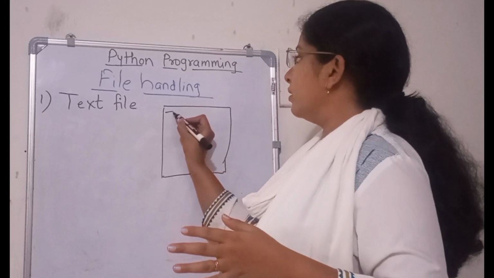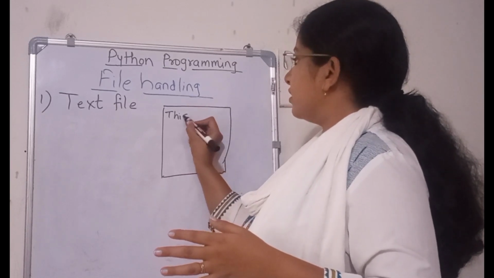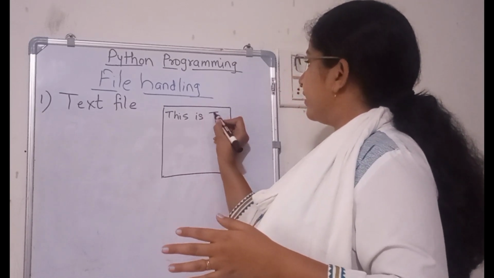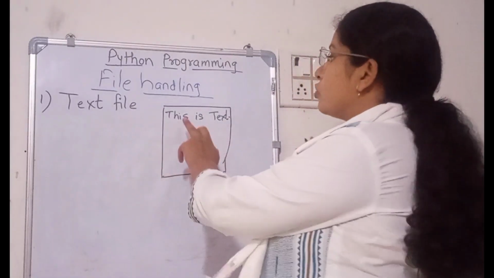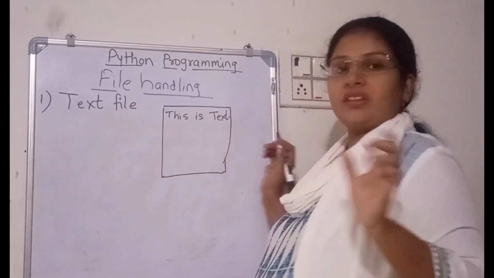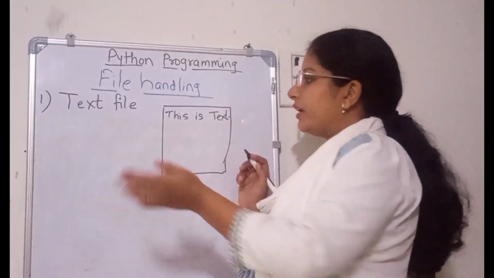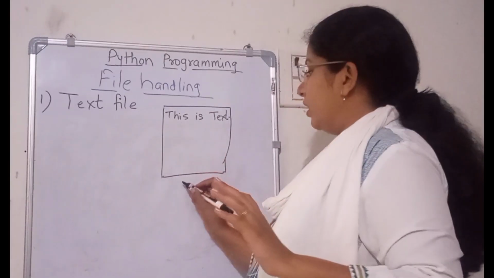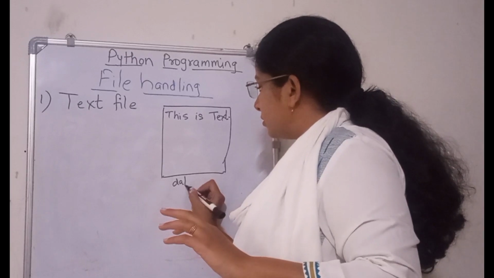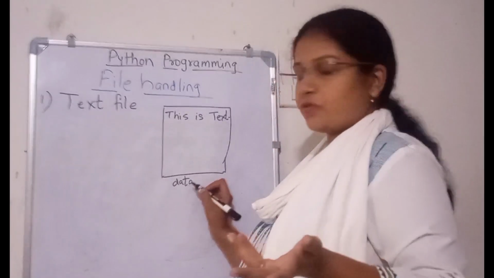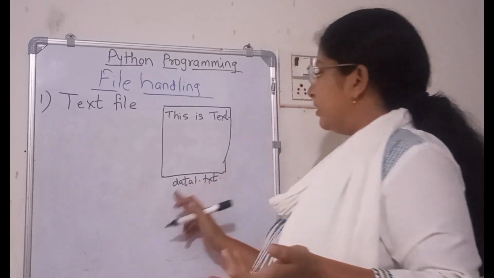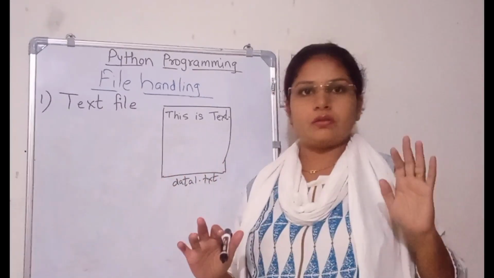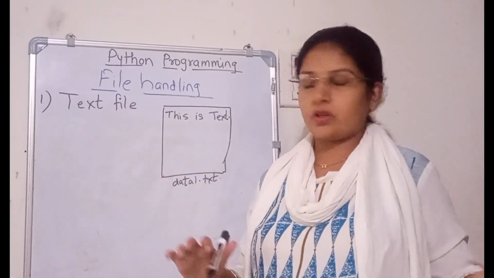Whenever you write any text, for example, this is the text. This line is already there in the text file. Now suppose data1.txt is my text file name, and this file is saved in my computer, right?